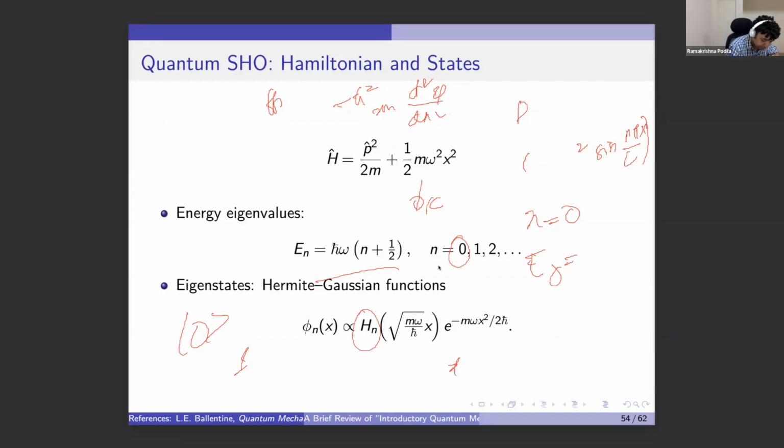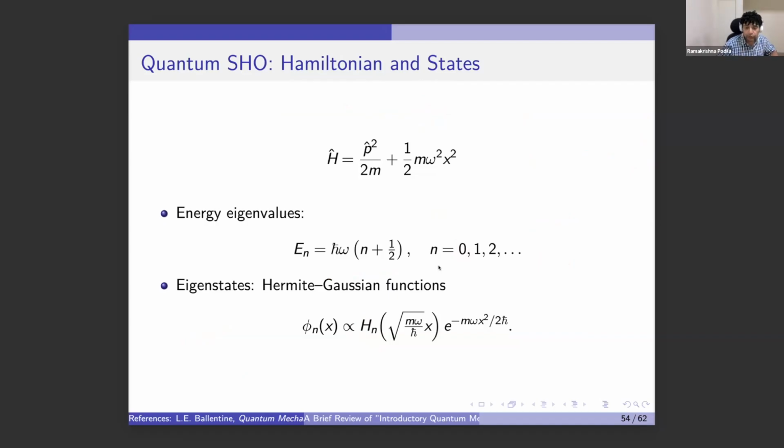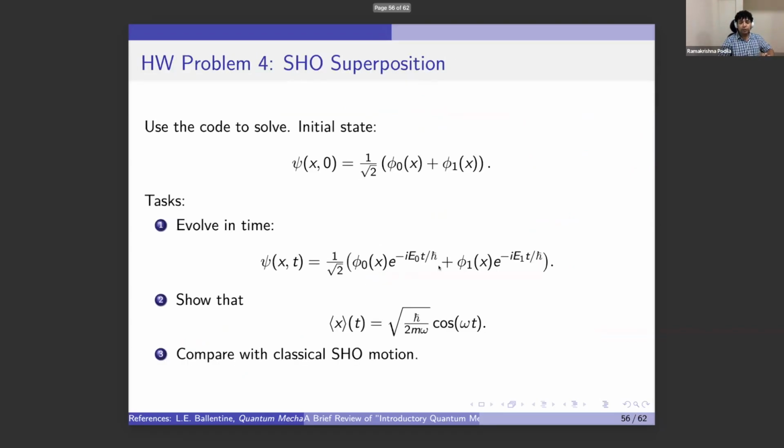So let us go back to the simple harmonic oscillator code, as in the case of the 1D oscillator. And we will see that there also you can mix the states.